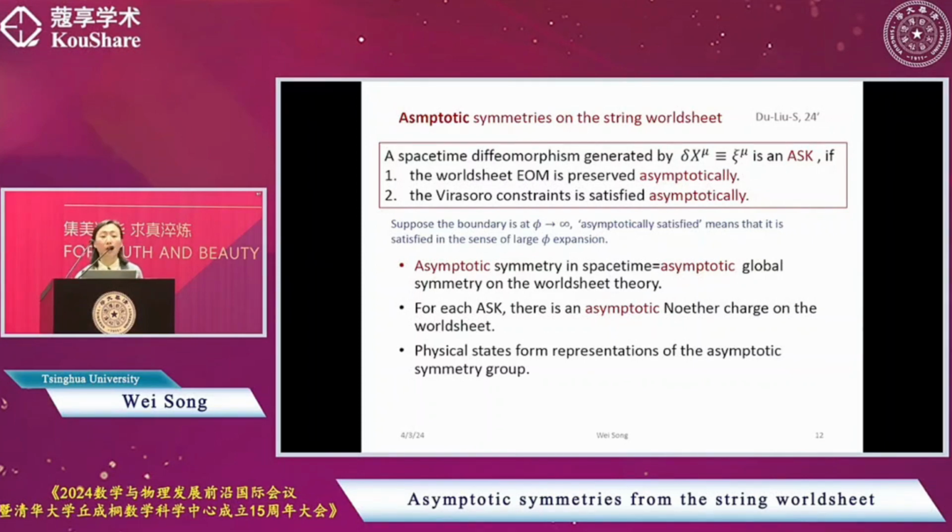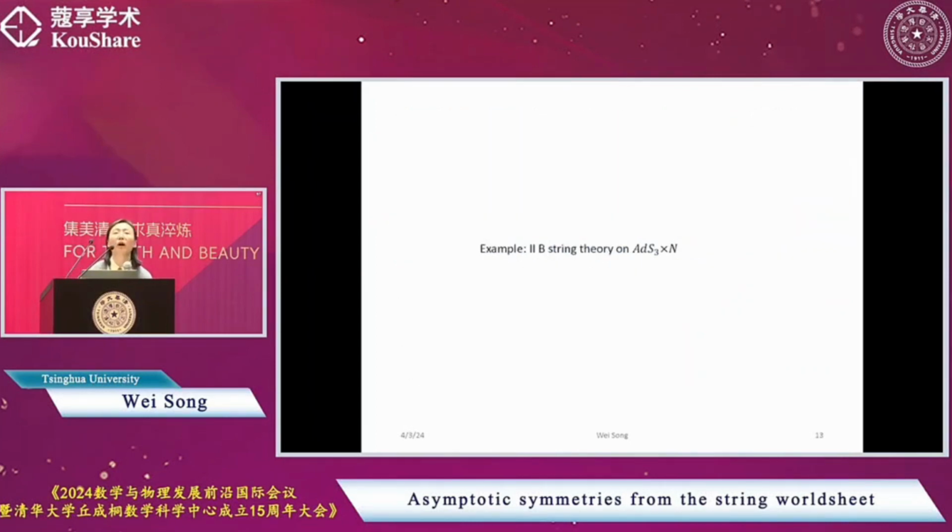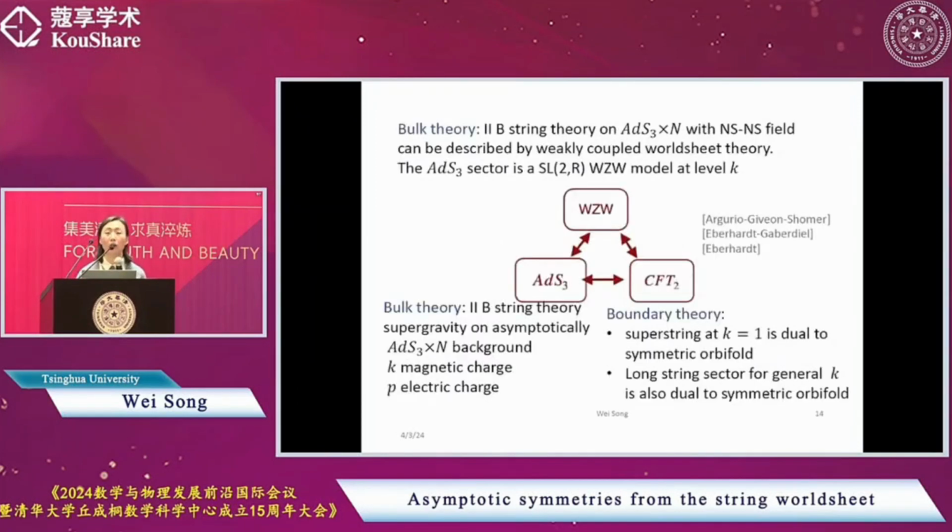And for each of these asymptotic Killing vectors derived this way, there is an asymptotic charge on the worldsheet. And similarly, physical states will be organized by this symmetry group. And I'll just quickly mention the example of AdS3 CFT2.